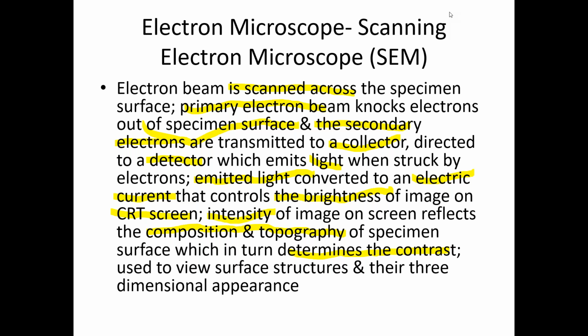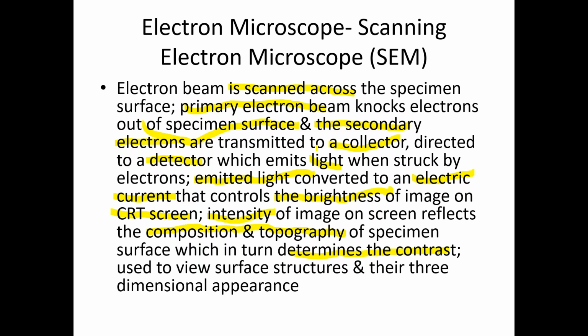Since these secondary electrons are produced from the specimen surface, we will get a scan of the specimen. A scanned image of the specimen can be produced using scanning electron microscope. As a result, we can visualize a proper composition and topography of the specimen, as well as three-dimensional appearance and also the surface structures. All those things can be viewed using scanning electron microscope.